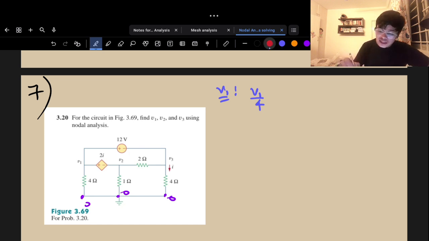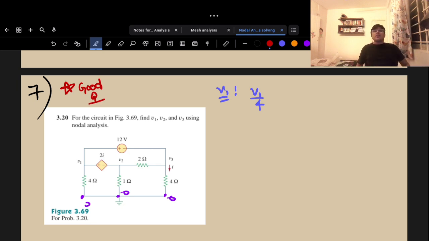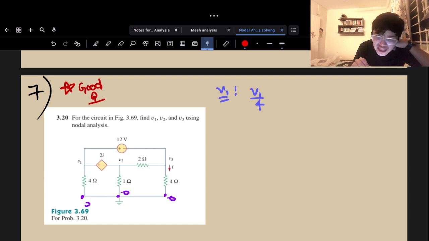Now, let me mark this as a very good question. I've already marked this in your notes. Good question. Why? Because this question helps you understand what kind of closed region you are allowed to assume.